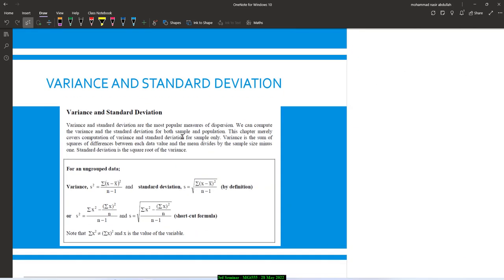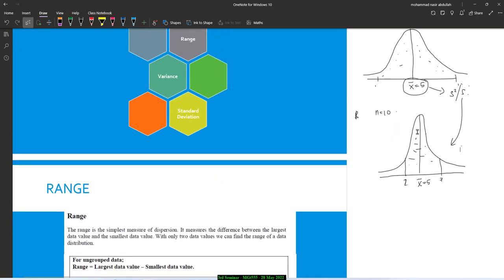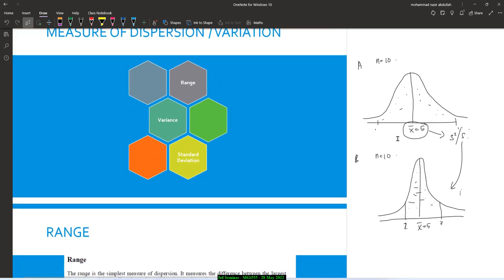Variance and standard deviation measure the mean of the differences of the data around the mean. Let's say this is the observation, so we take the difference, and the difference, and we want to measure the mean square.